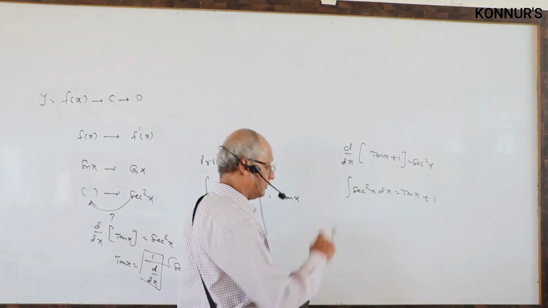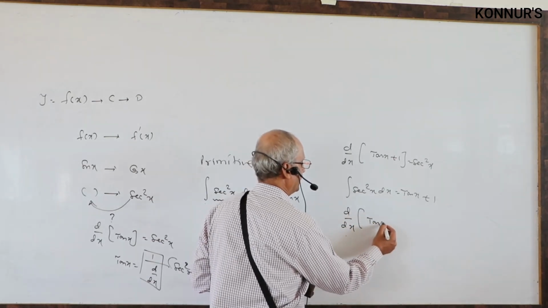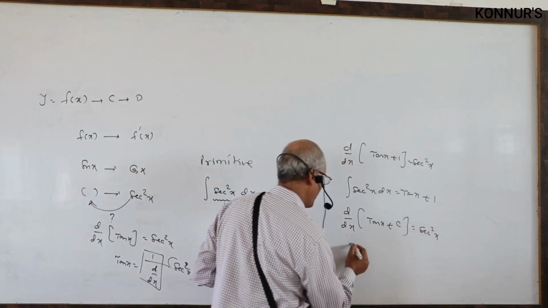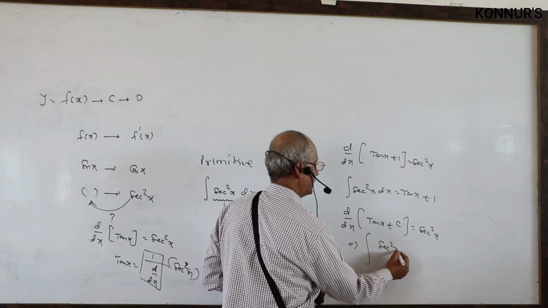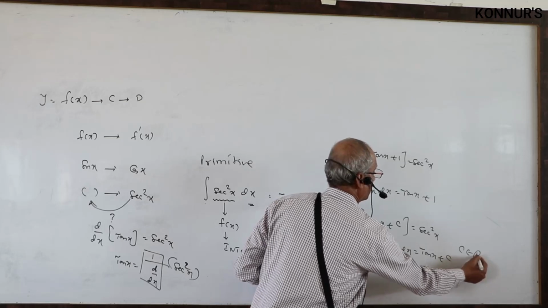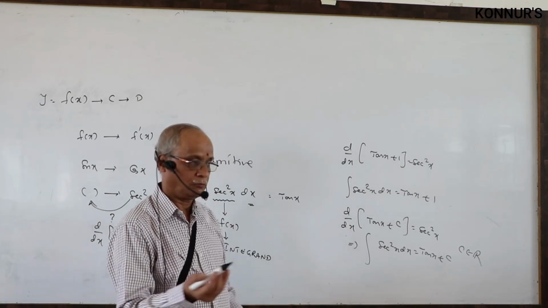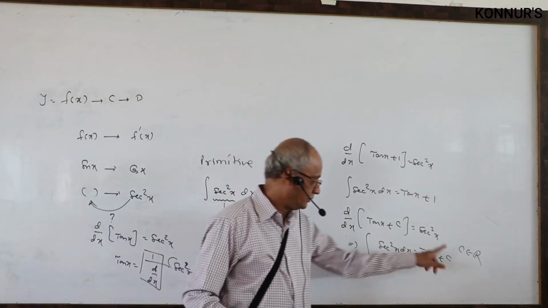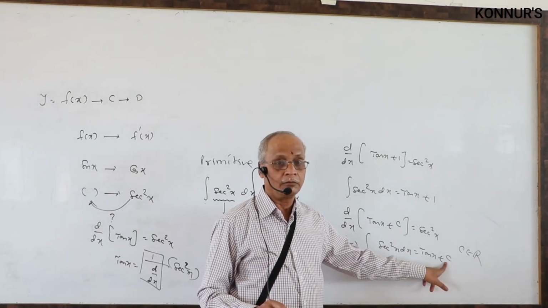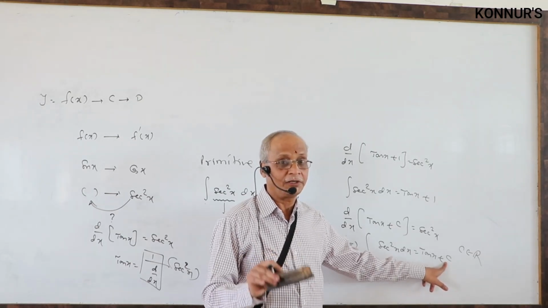For that reason, you will now write a general definition. Since the derivative of tan x plus c is secant square x, it implies the integral of secant square x dx is equal to tan x plus c, where c belongs to the real numbers R. It assumes any number, not only 1, 2, 3, minus 2, 3, root 2, root 5, anything. That is the reason c must be there, where c assumes any number, has no particular value, no definite value, an indefinite value.